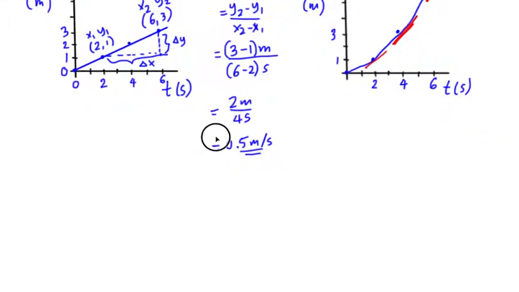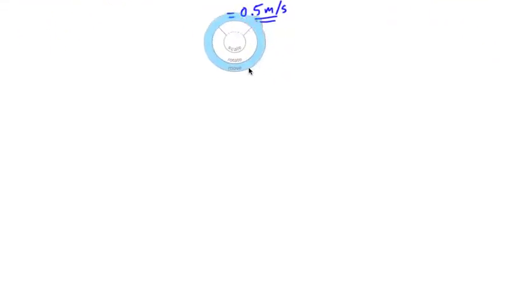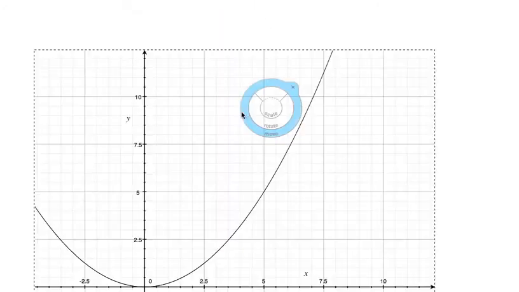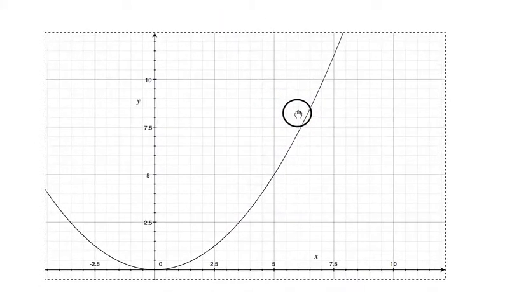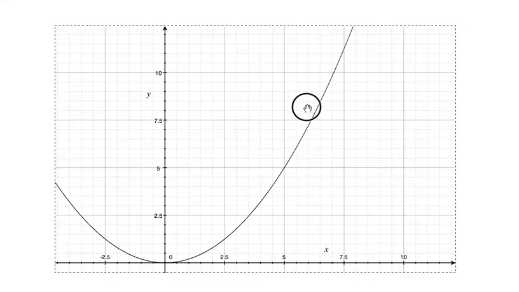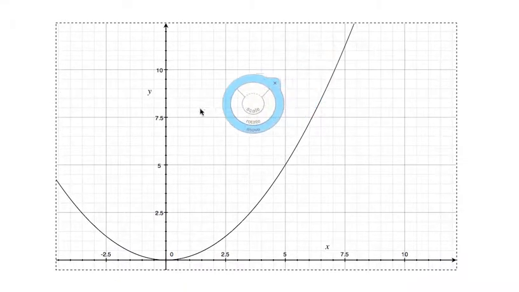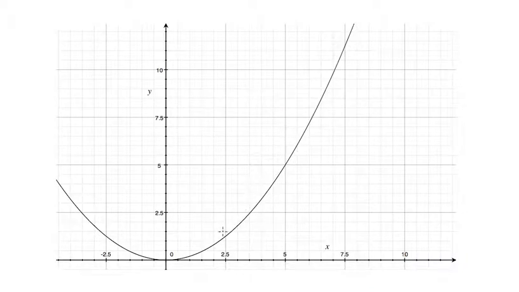So I'm just going to move this a little above, and I'm going to throw a graph in here, and this is a function. The equation of this function is y is equal to 0.2 x squared.